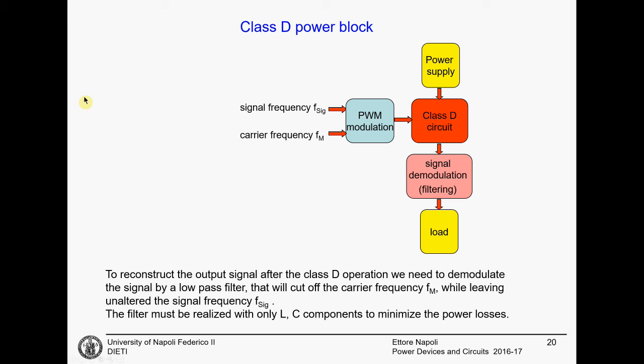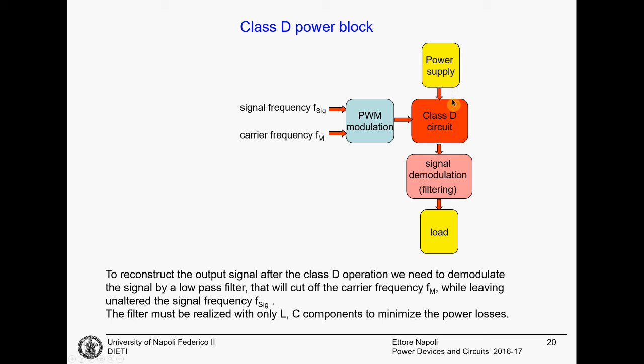The previous circuital example shows us more or less which is the common process chain for a class D power circuit, power block. There will be a power supply, obviously, an unregulated one.